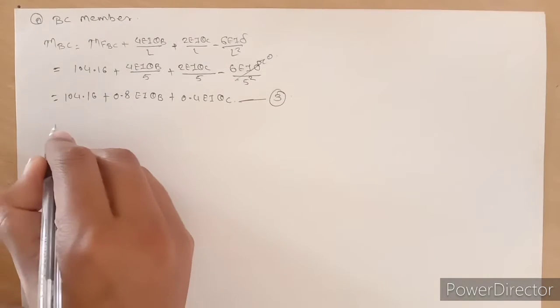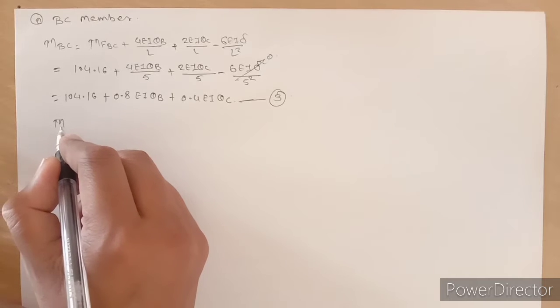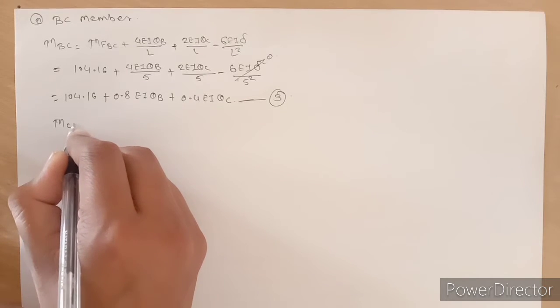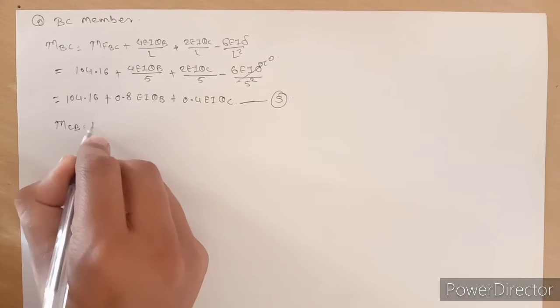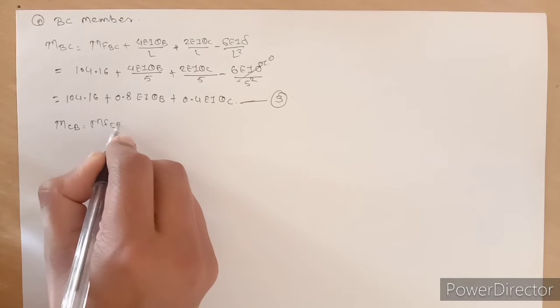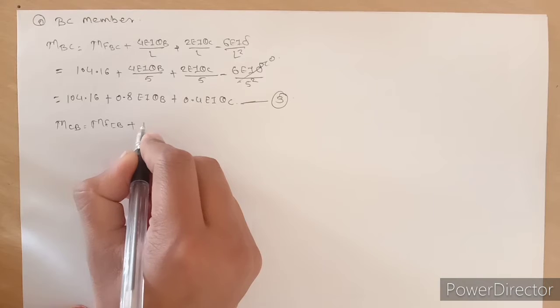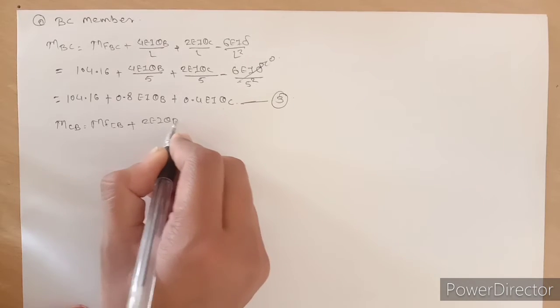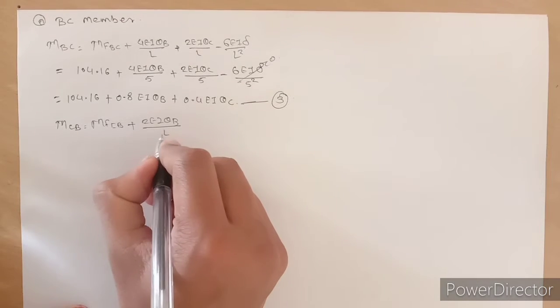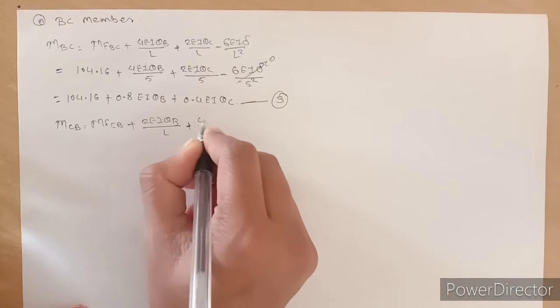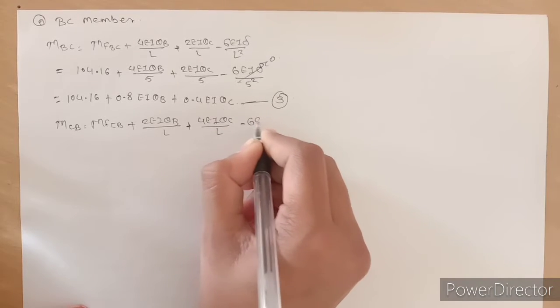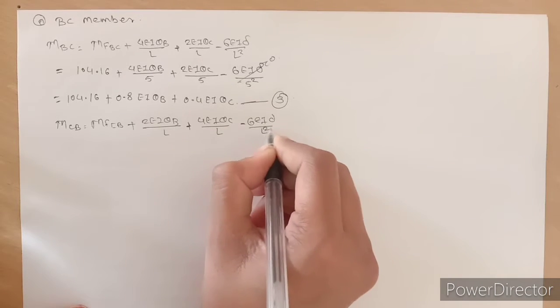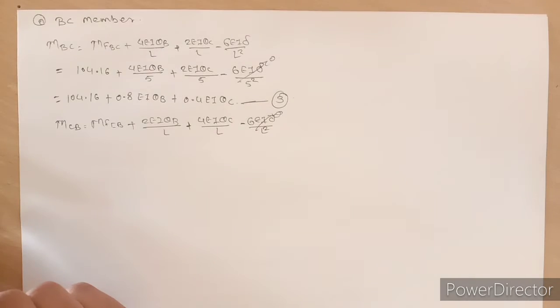Then next, the slope deflection equation for member CB: the formula is fixed moment at CB plus 2 EI theta B divided by L plus 4 EI theta C divided by L minus 6 EI delta divided by L square. Here the delta term is equal to 0.